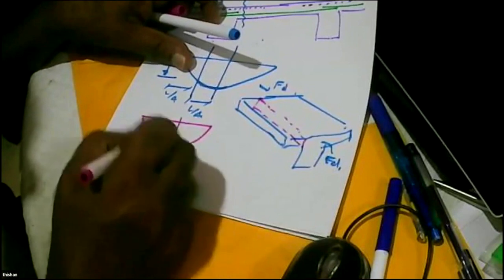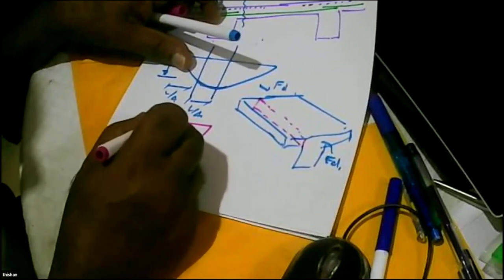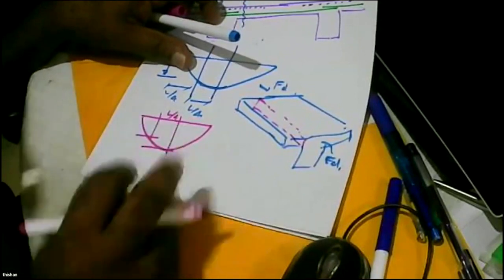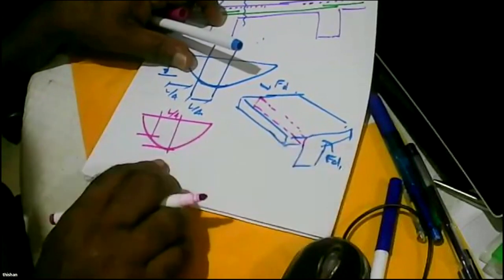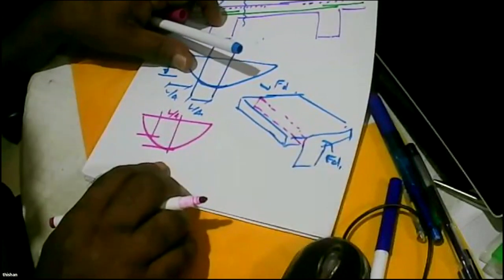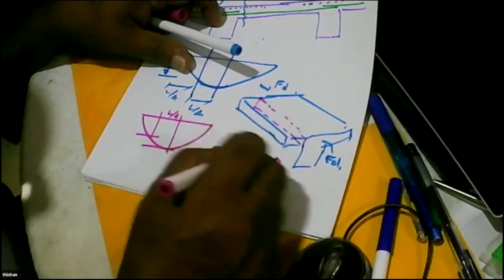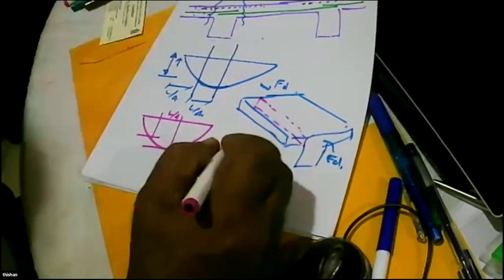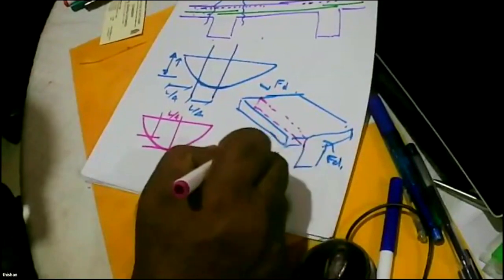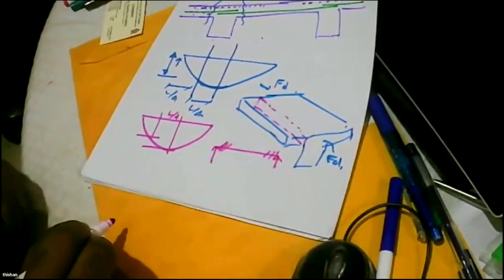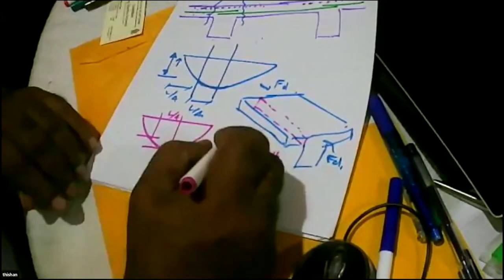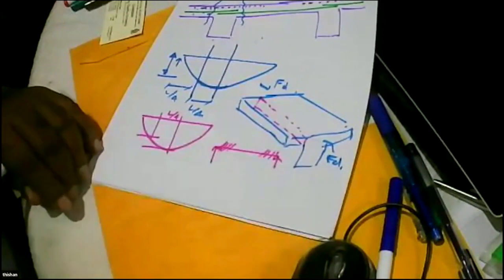These two quarter points will experience a lesser change in moment. So if the beam is going to fail, it will fail here, or it will fail here. So it goes well with the shear requirement as well.